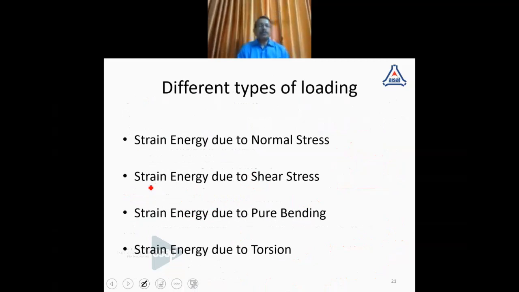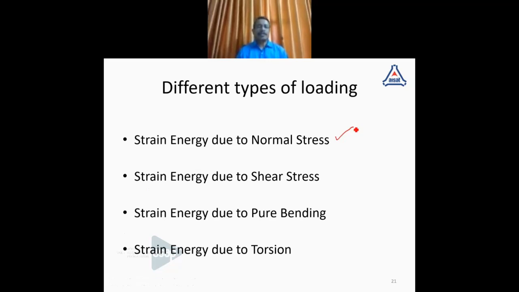Now we are going to consider different types of loading. Already you have seen the expression for strain energy due to normal stress. When a shear stress alone is applied, what will be the expression?